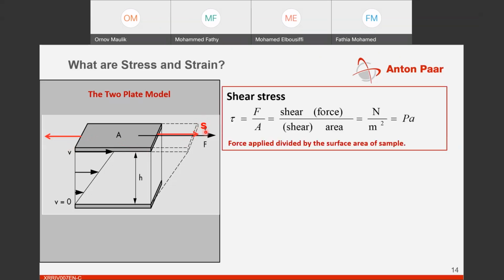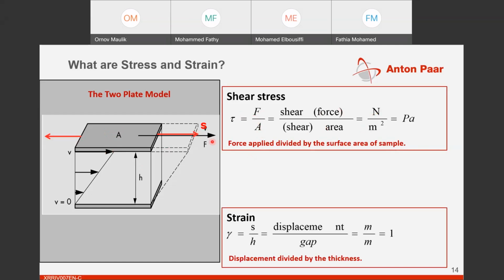Now, if we define the force applied on the sample because of this displacement, divided by the area of the upper plate, we get the shear stress. The unit of shear stress is the pascal.